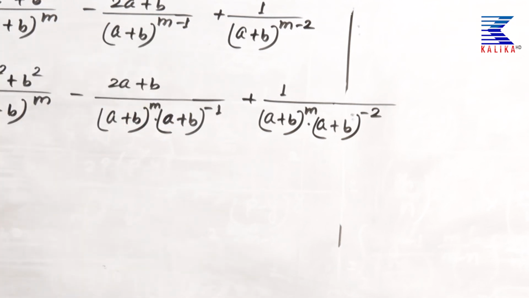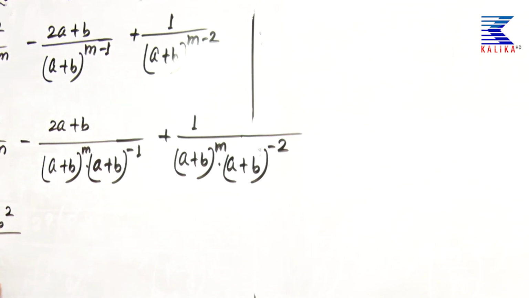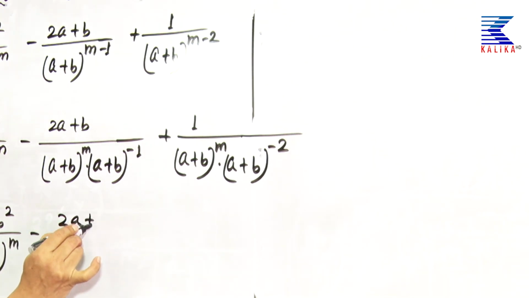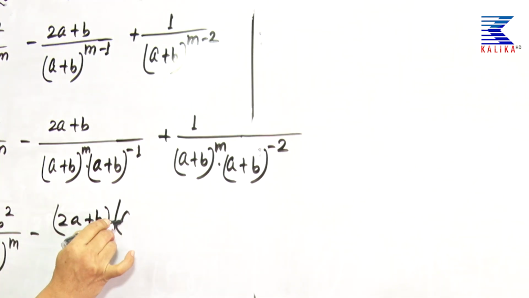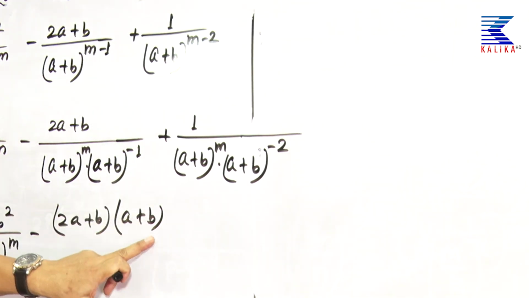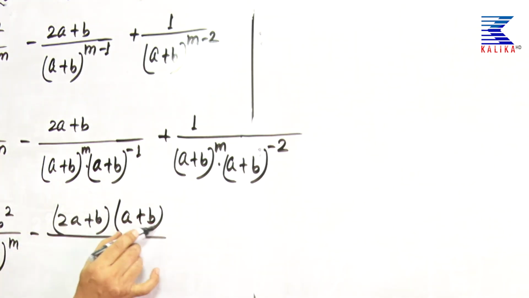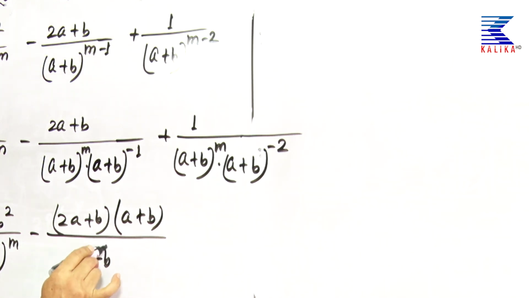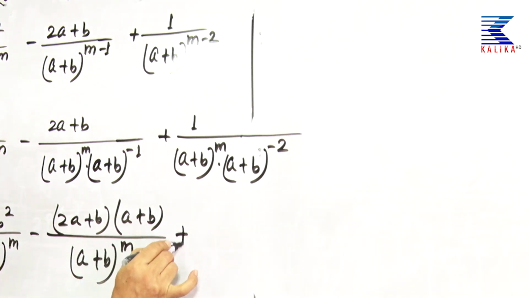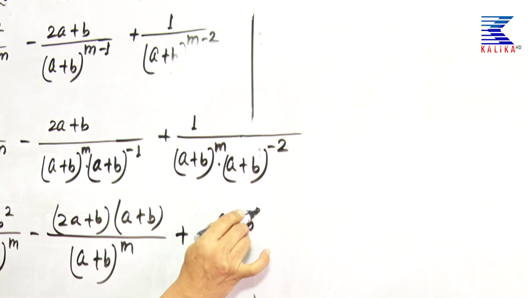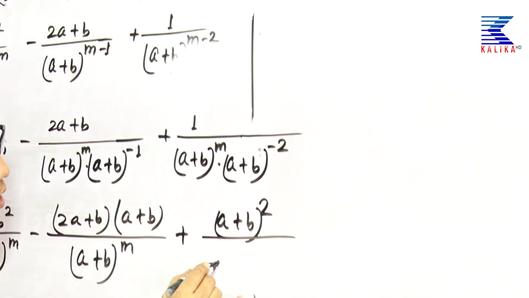Clear? (a square plus b square) whole upon (a plus b) to the power m, minus 2(a plus b) into (a plus b). Clear? This minus is positive, and (a plus b) to the power m plus (a plus b) whole square whole upon (a plus b) to the power m.